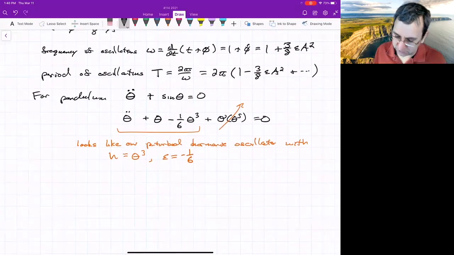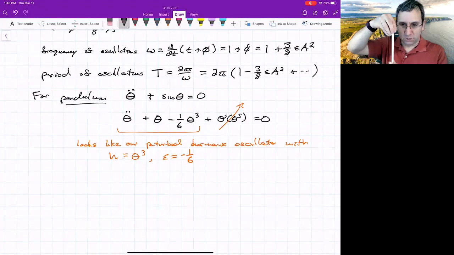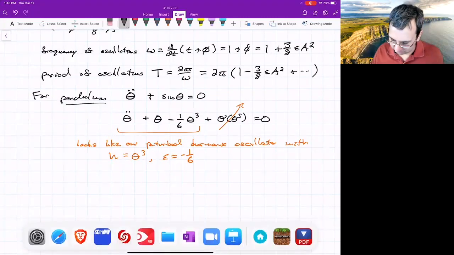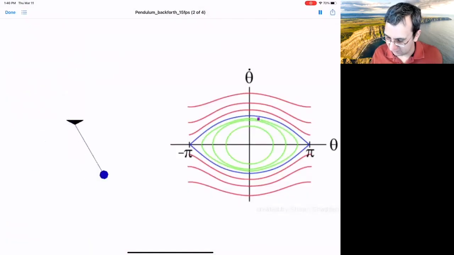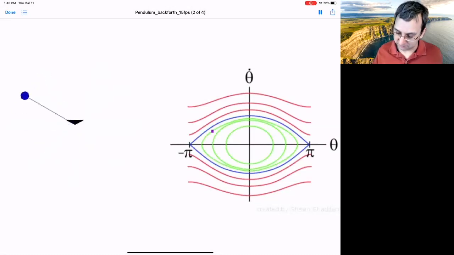So this works, which means we could look at what the period of oscillations is for the pendulum as we change amplitude. We know that at very large amplitude, the pendulum is swinging somewhat wildly, and this definitely would have a longer period than small oscillations near the origin.